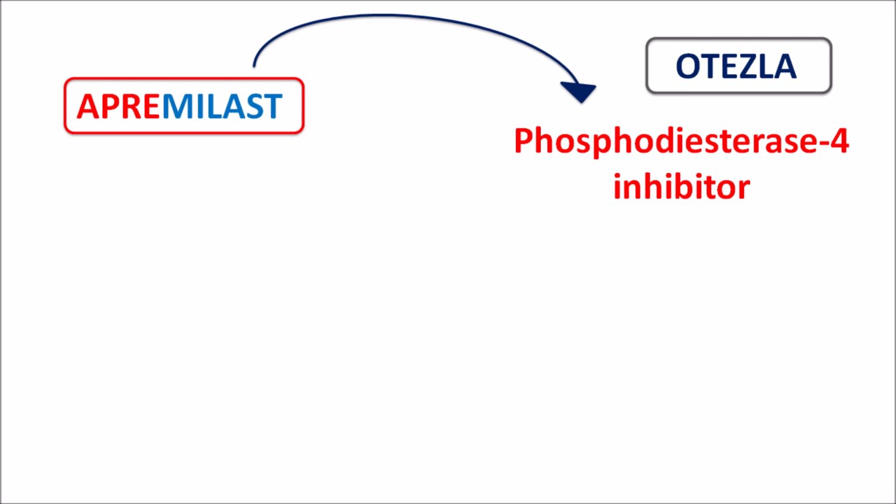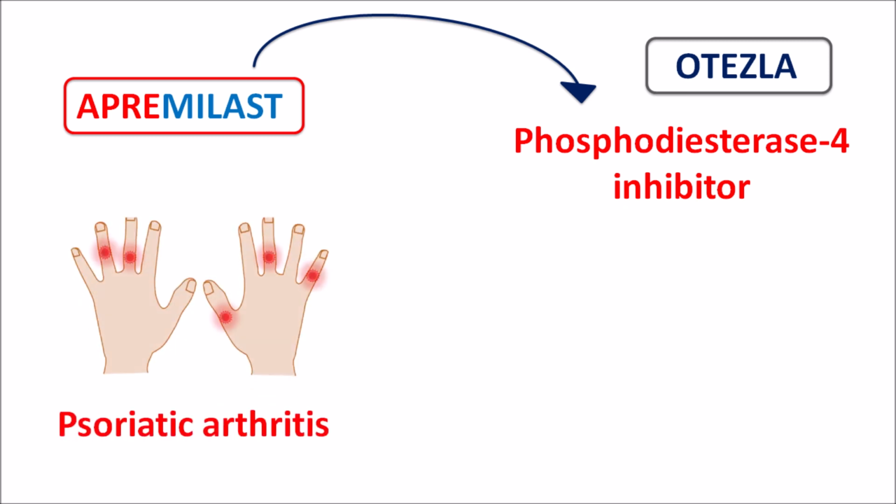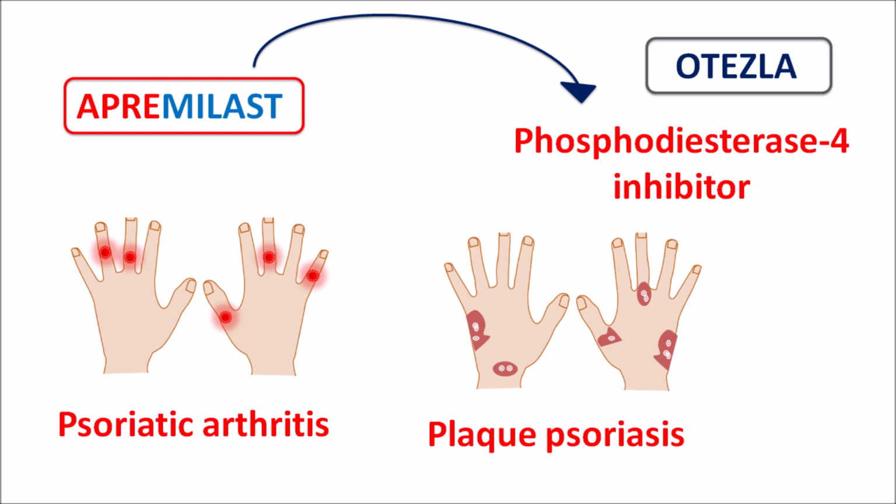So this drug can be used in the treatment of psoriatic arthritis, where the inflammation can affect the joints, and this drug can also be used in plaque psoriasis in those patients who can be treated with either phototherapy or systemic therapy to reduce the plaque formation. In such conditions, Apremilast can be used to reduce the inflammation within the patients.